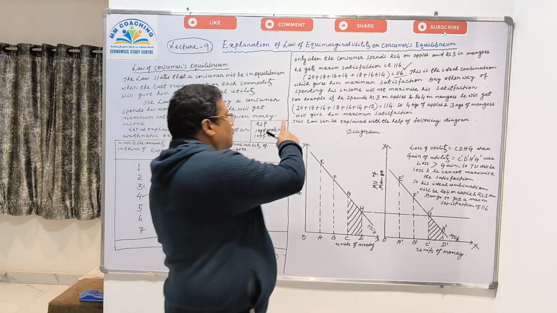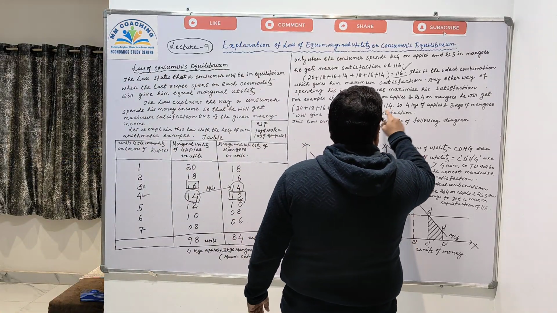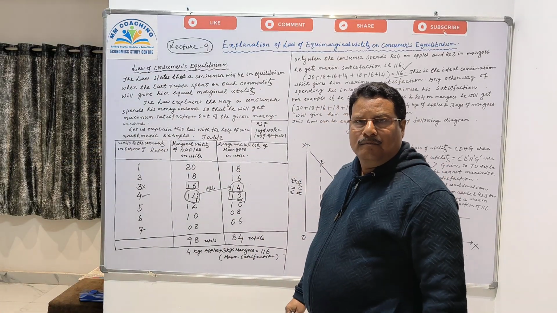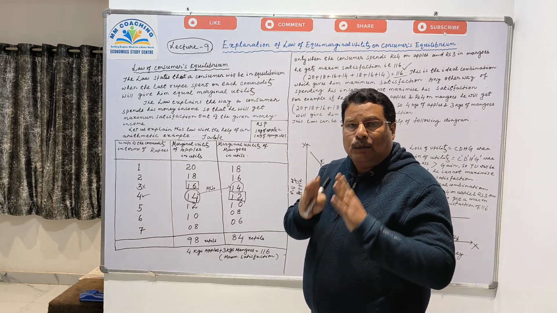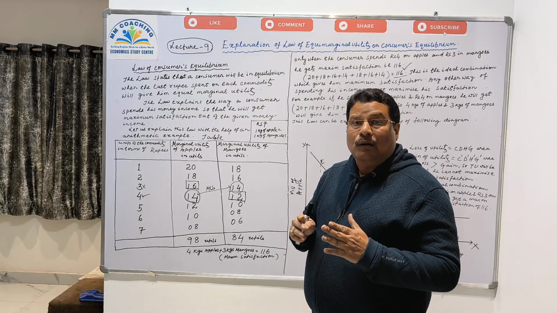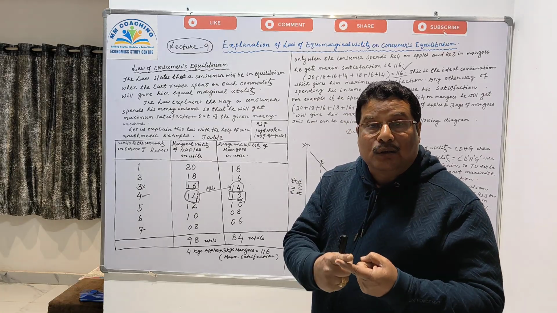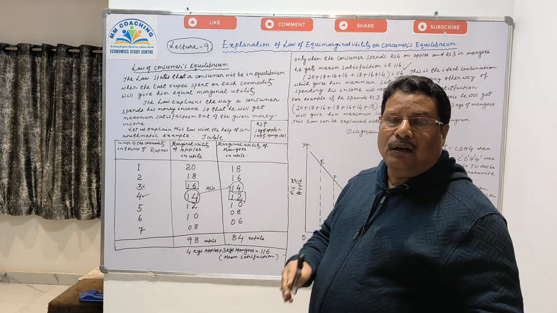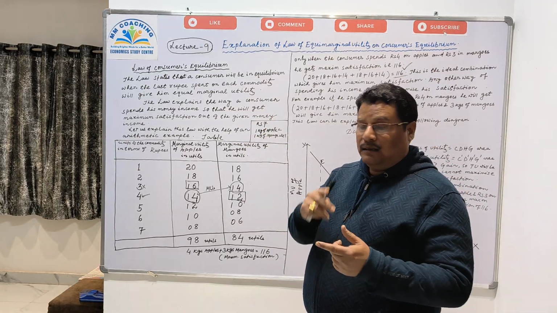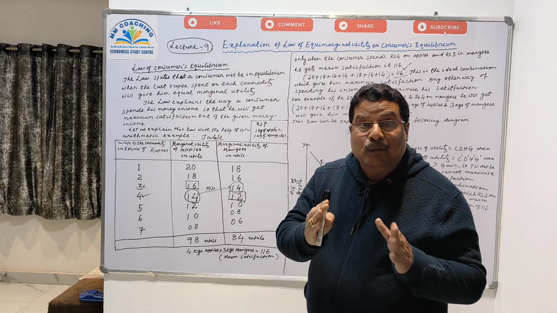Therefore, it comes as 114. To get maximum satisfaction, what is the rule? What is the law? In the last rupee, marginal utilities of different commodities must be equal.